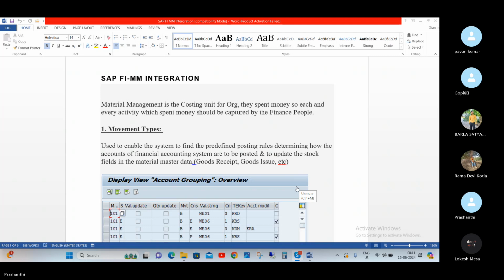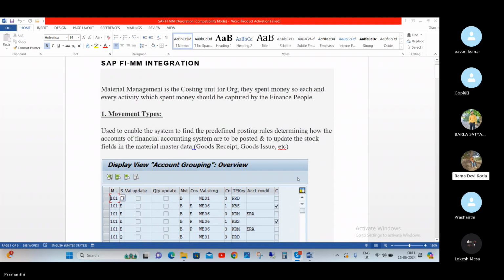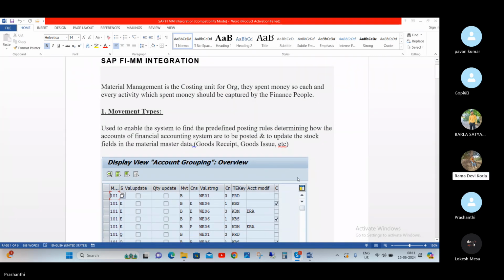Coming to that document. Can anyone explain this document? Anyone? Gopi, is my screen visible or not? I shared it.